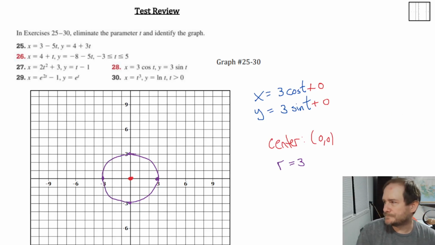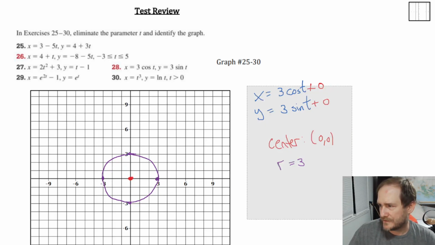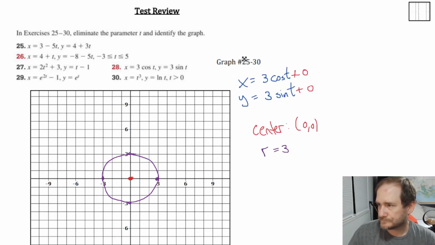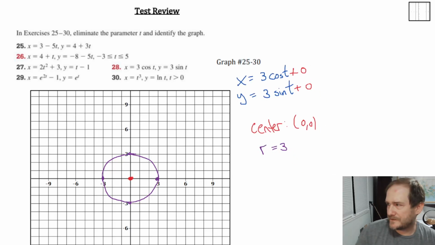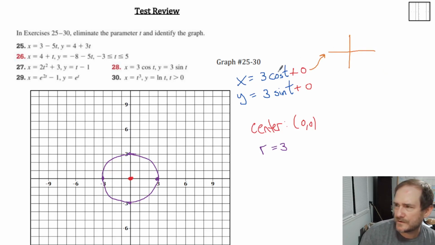So the only thing now, something that's been a bit of a sticking point for a lot of people, is finding a starting point and direction of rotation. But I still hope that you're just able to do that from the parametrics. Think about it. If x is being given by this cosine equation, just sketch the graph of that cosine equation.